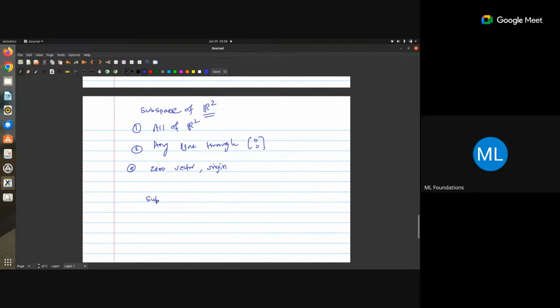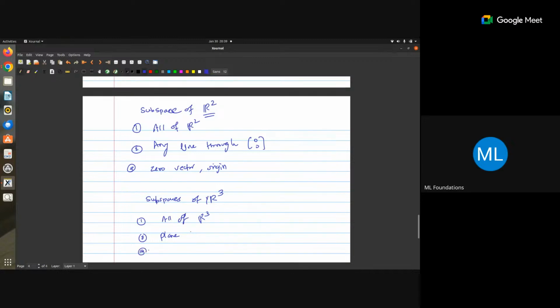Okay, now can you tell me what are the subspaces of R3? Same as R2, in addition. All of R3, all of R2, any line passing through the origin, the 0 vector. Any plane passing through the origin, right?